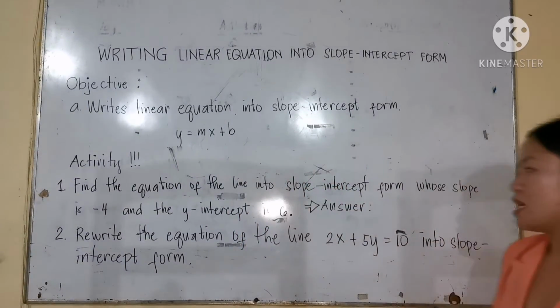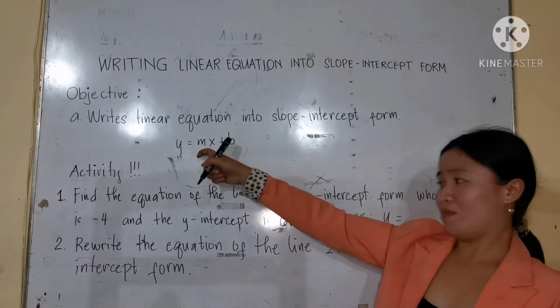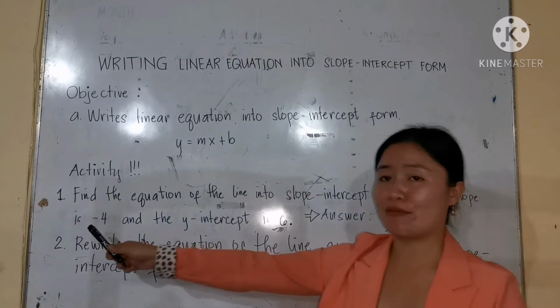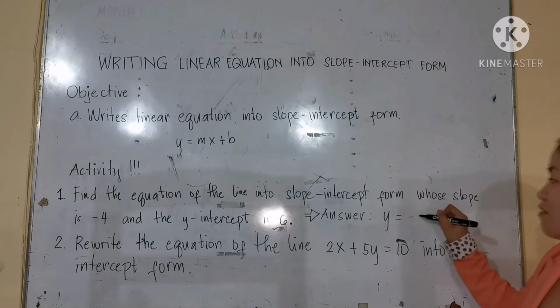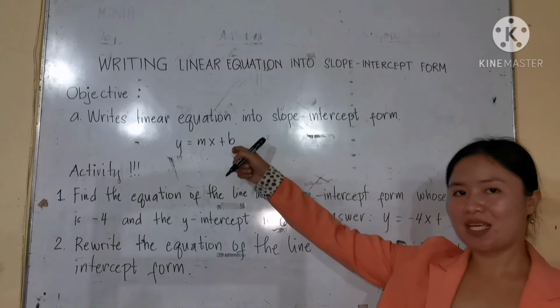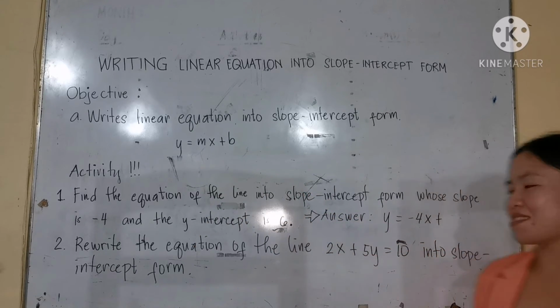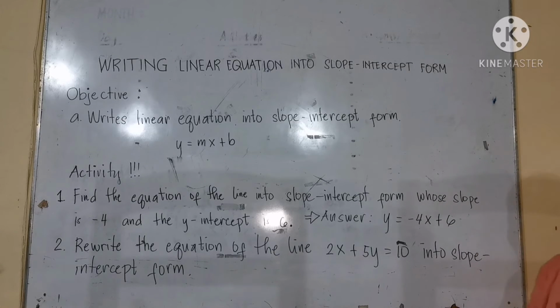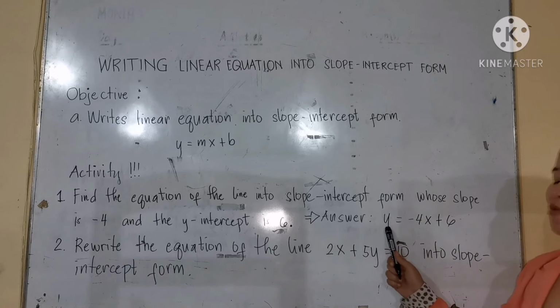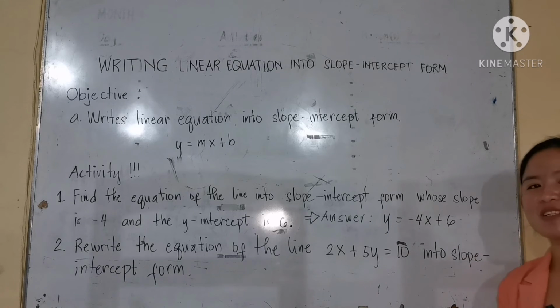So y equals m, and our slope is negative 4, so y equals negative 4x plus b. What is our b or the y-intercept? 6. That's it. So the equation is y equals negative 4x plus 6. That's the answer.